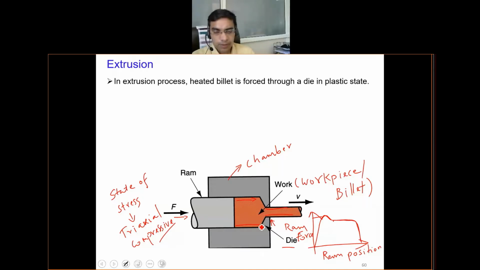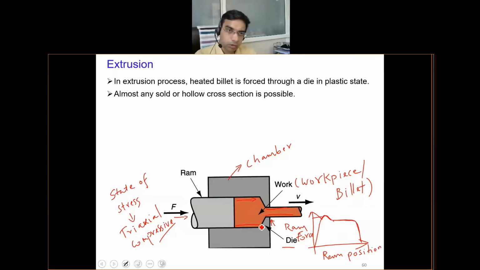Again, this process can be done in cold working regime or in hot working regime. In hot working regime, the process name changes to hot extrusion, and in case of cold working regime, it becomes cold extrusion. So we can make hollow products also or solid products also.